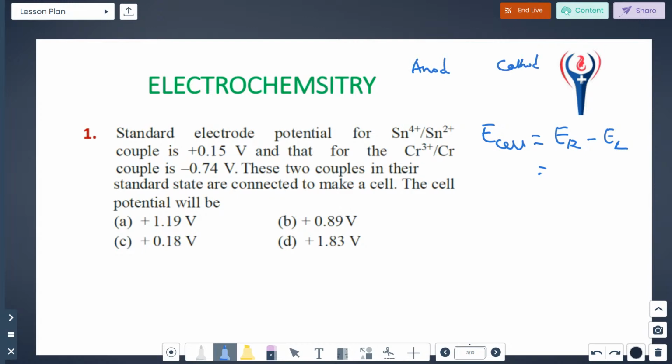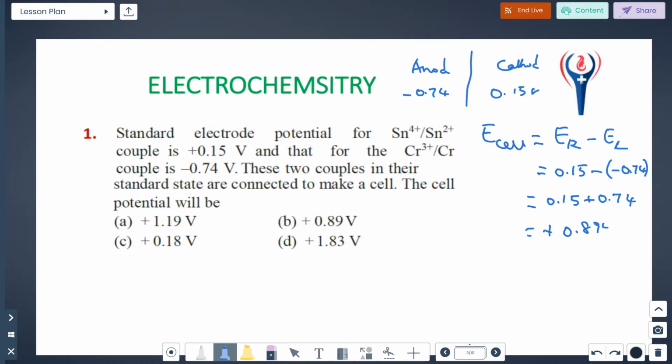So here the anode value is minus 0.74 volt, and the cathode will be 0.15 volt. Understood? So the cell potential is the EMF of the right hand side minus the left hand side: 0.15 minus, and since there is already a minus, it becomes 0.15 plus 0.74, so it will be plus 0.89 volt.